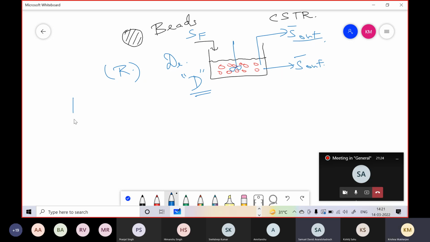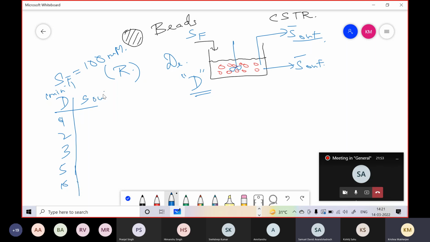And therefore the reverse question: D versus S out, at SF equal to, let us say, 100 millimolar. I should not write moles. And this is per minute: 1 per minute, 2 per minute, 3 per minute, 5 per minute, 10 per minute, and so on and so forth.